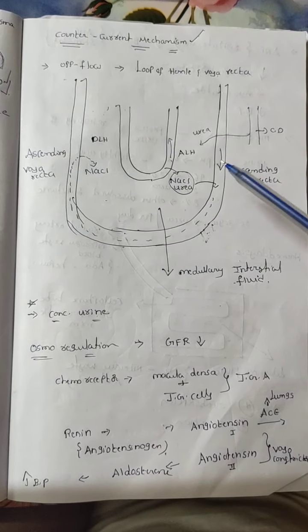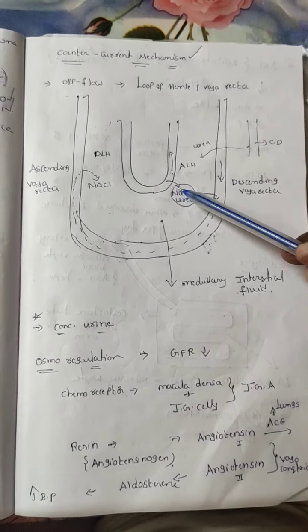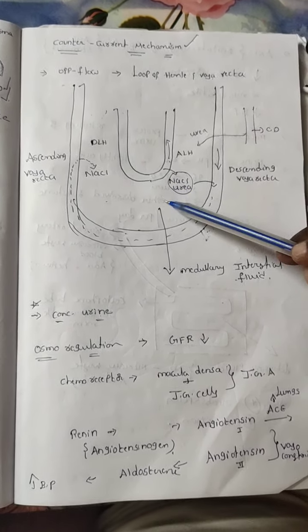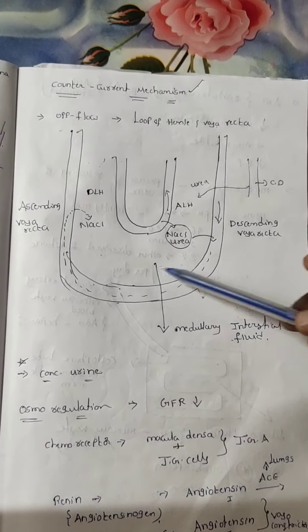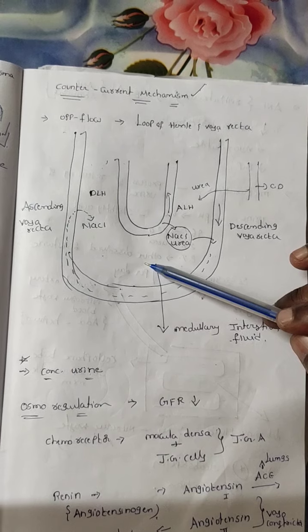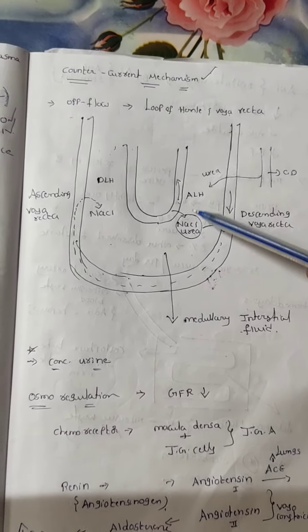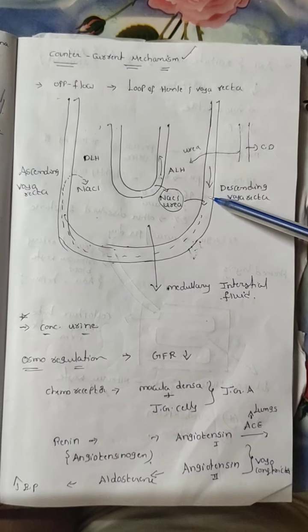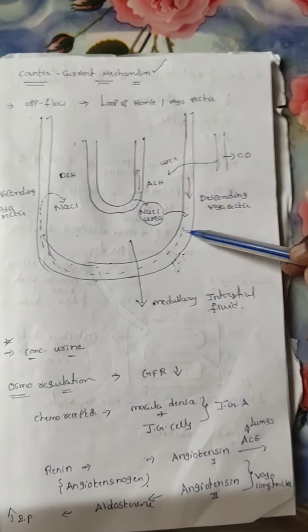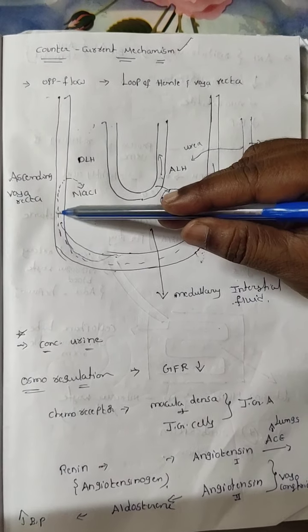Now observe carefully. The statement is: from the ascending loop of Henle, NaCl and urea enter into the medullary interstitial fluid. This is the medullary interstitial fluid. This NaCl and urea from the ascending loop of Henle enter into the descending vasa recta. From the descending vasa recta, it enters into the ascending vasa recta.